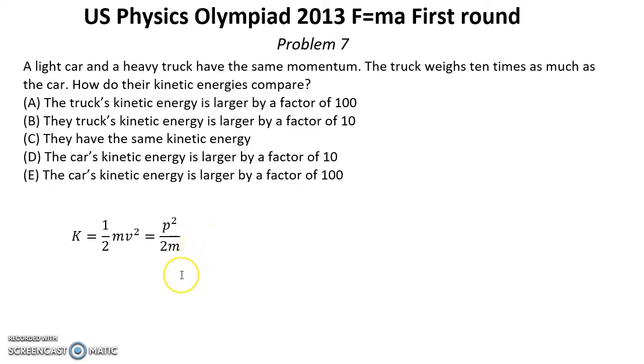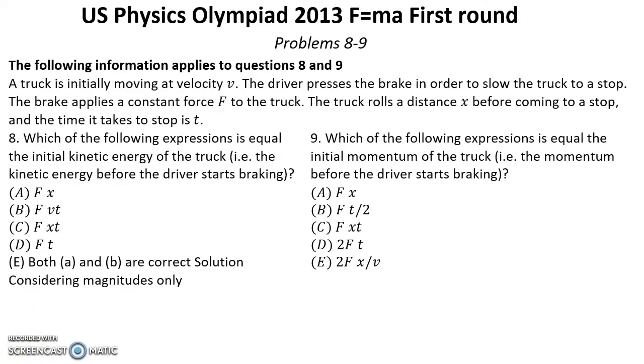And from this formula we can immediately find that kinetic energy is inversely proportional to masses if momentums are equal. So it means that kinetic energy of the truck is 10 times less than kinetic energy for car, which is answer D.